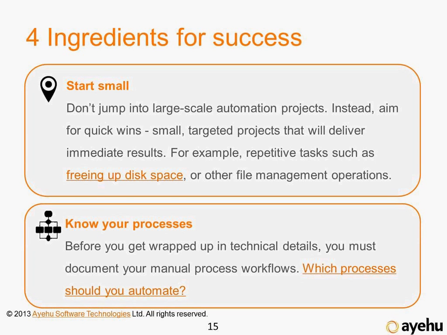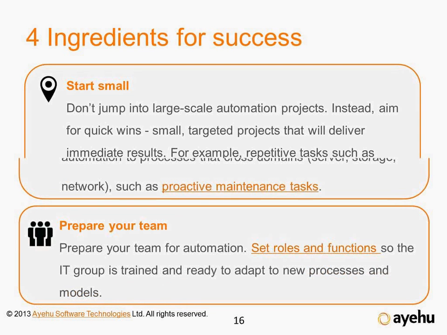Those are the kinds of things that you can automate very quickly with iShare and reap immediate benefit from it. And then upon that, know your processes. As mentioned before, before you get started with any kind of automation, you need to know what your processes are in your organization. And if you've got those documented, then you can begin to prioritize which ones should be automated.